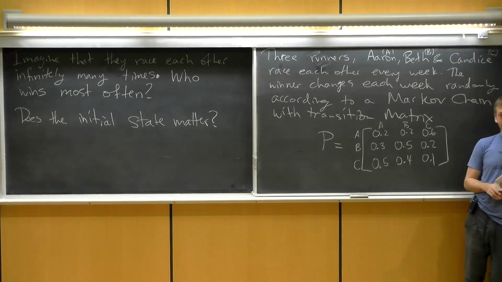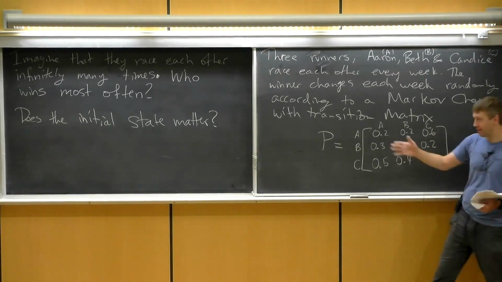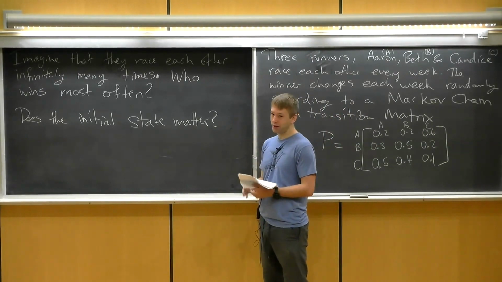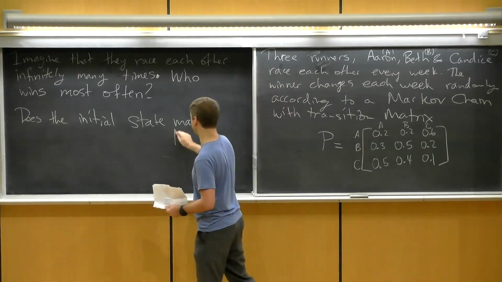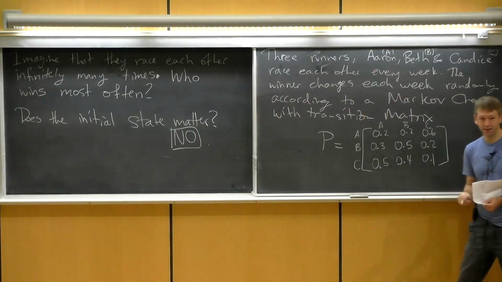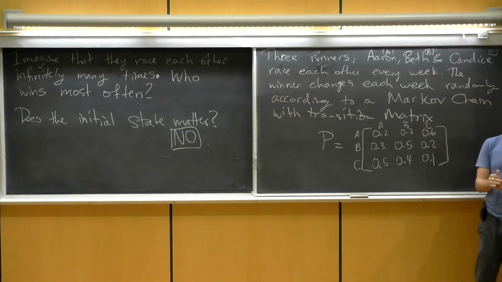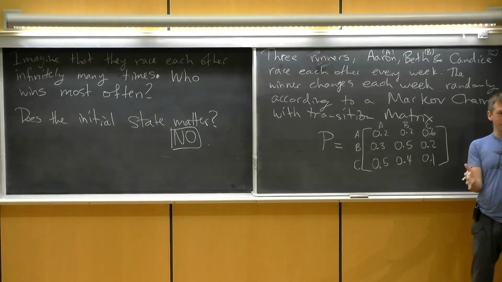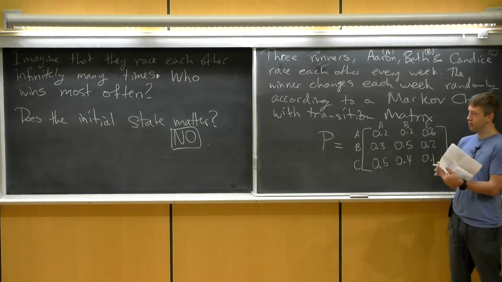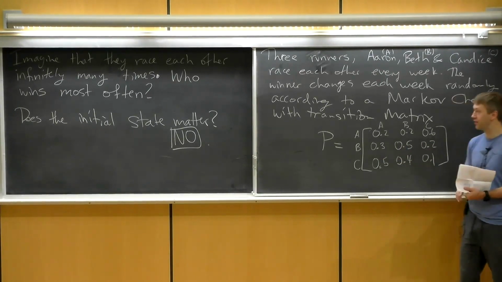I can tell you it's probably not easy to just see from this matrix, but maybe I'll just tell you the answer to the second question first. The initial state does not matter in this case. So no matter who wins, if I say Aaron wins the first week, or Beth, or Candace, or all 3 of them have equal chance, or whatever, no matter what the first week is, it doesn't matter. Whoever wins the most often will still win the most often. It doesn't matter about the initial state.